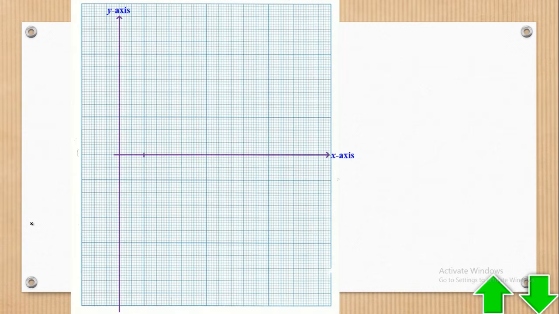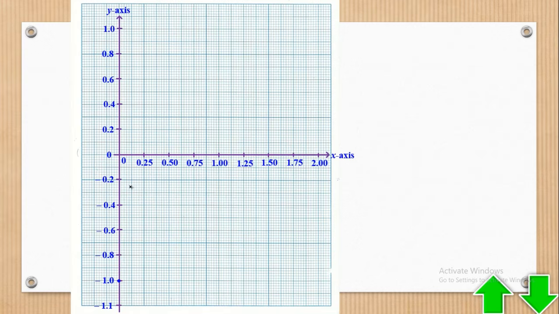Then we shall demarcate the scale for the x-axis. Then also the scale for the y-axis. After that, we shall now start plotting.